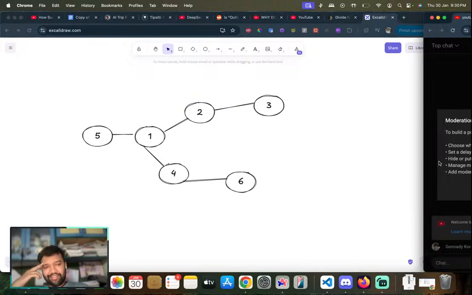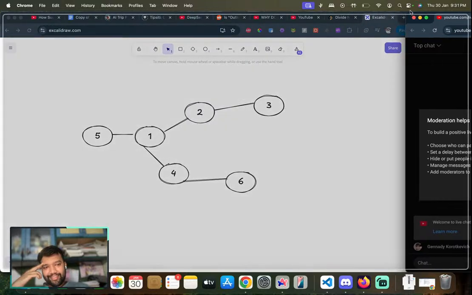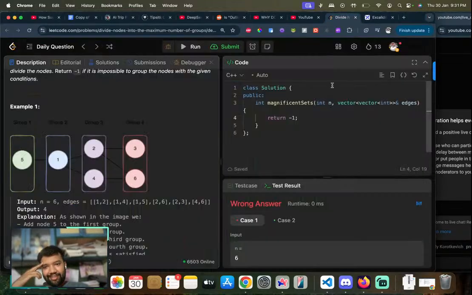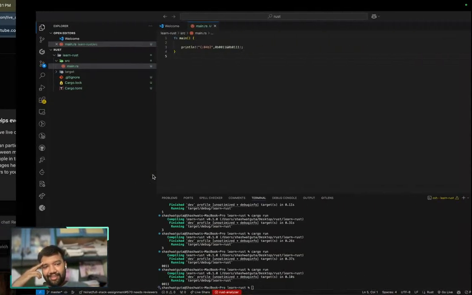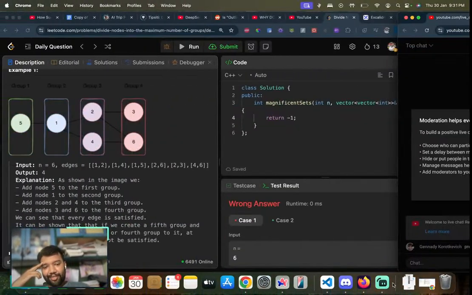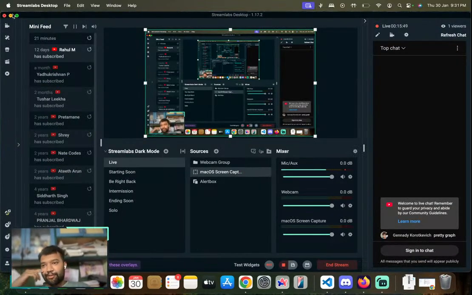This one is tough. Pretty graphy. I don't know. Do you have any idea what I can see? These are the topics that come into my mind.